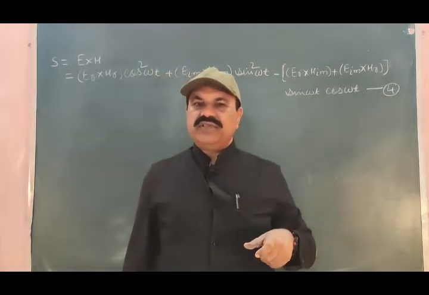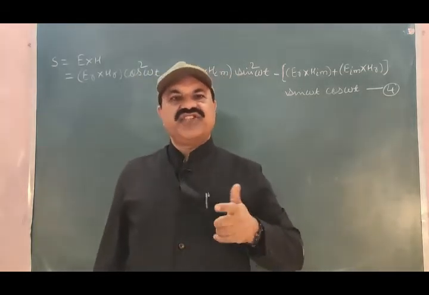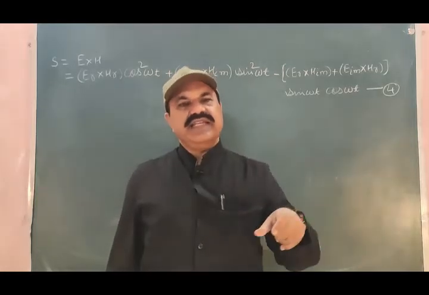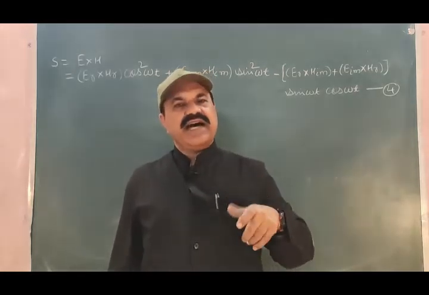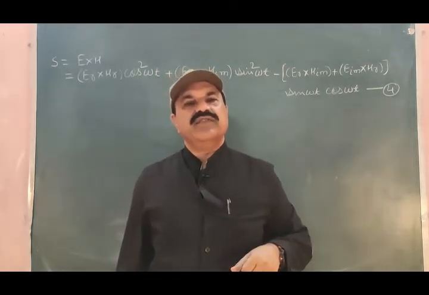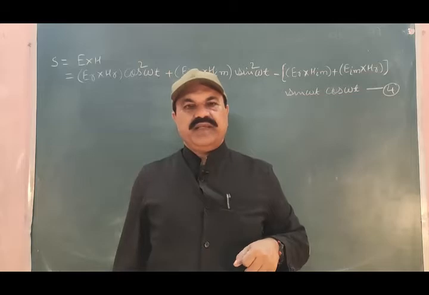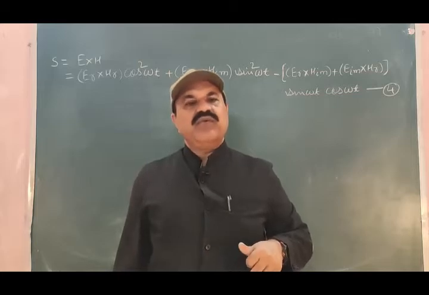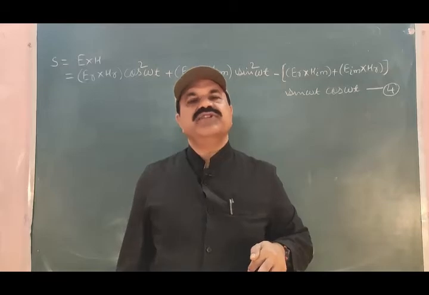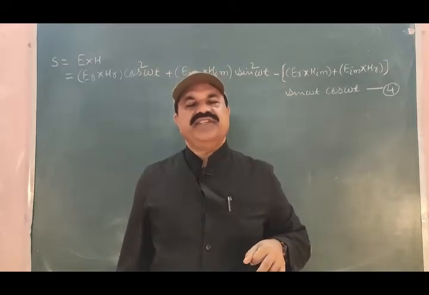H0 is equal to HR plus i HIM, HR corresponding to the real part of H, and i HIM corresponding to the imaginary part of H0. We are going to have only the real part of the cross product of E0 and H0.